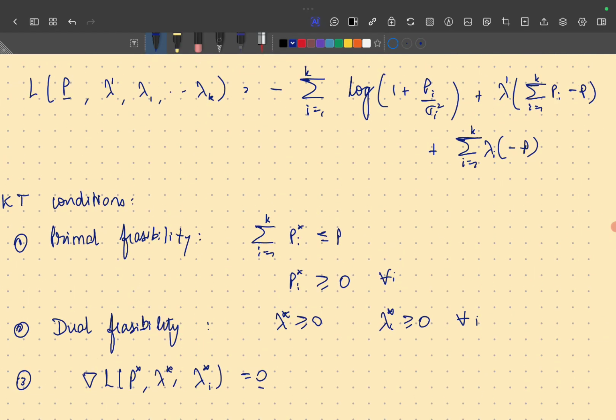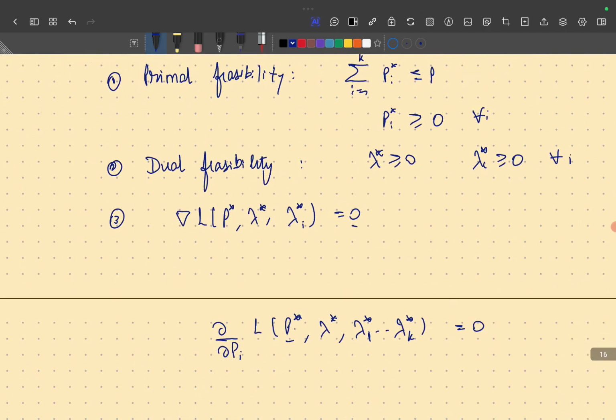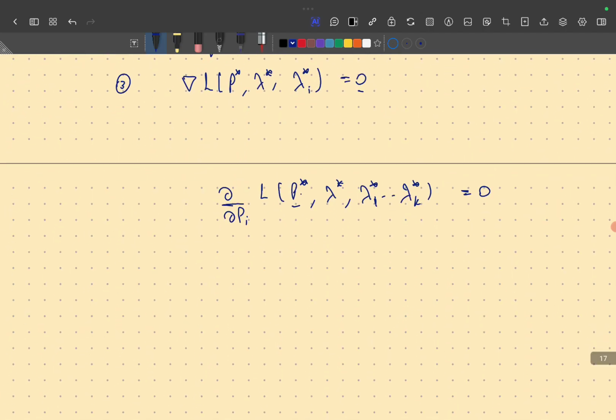So what is the partial derivative of the Lagrangian with respect to pi? Assume that the logarithm is with respect to base e.